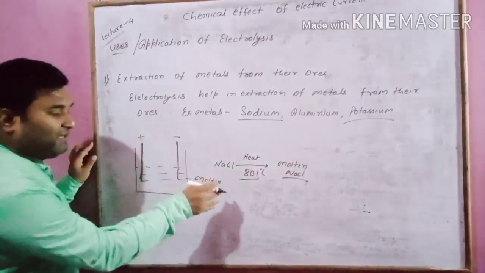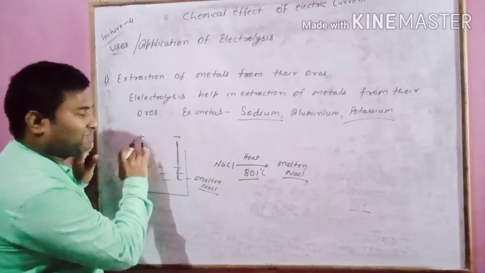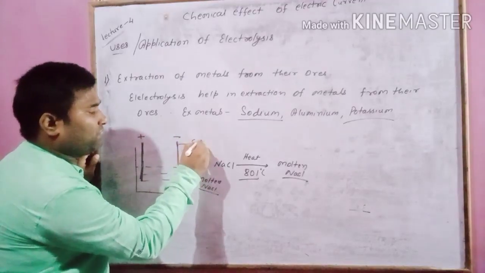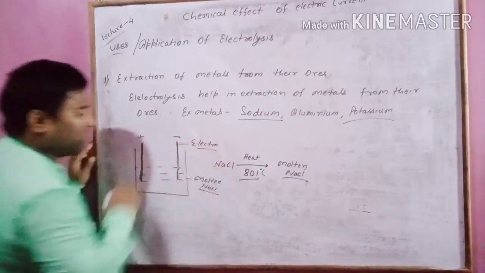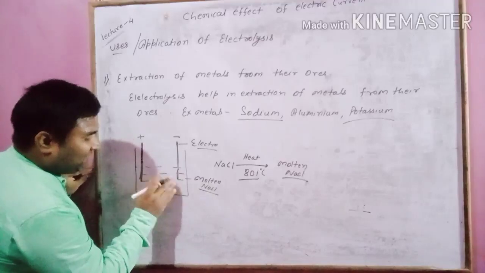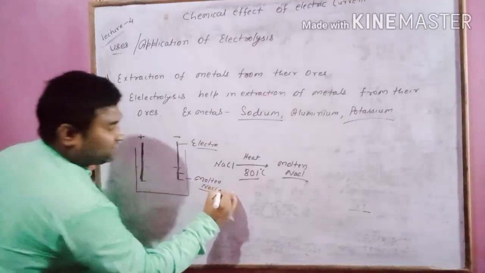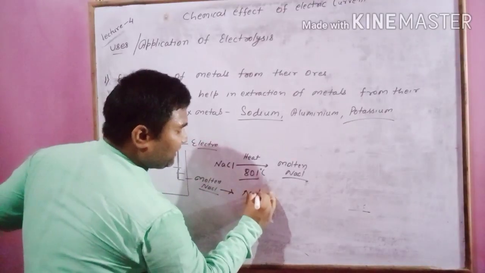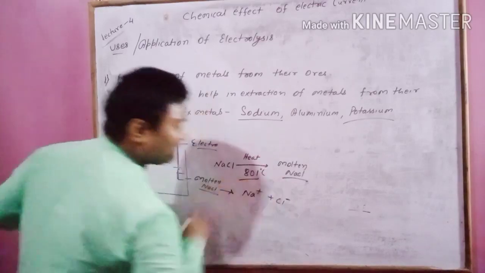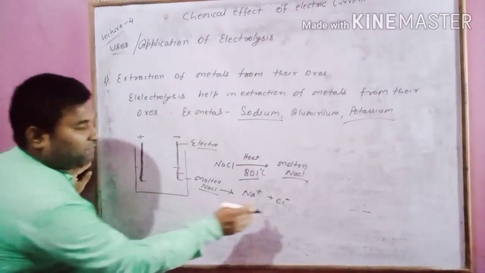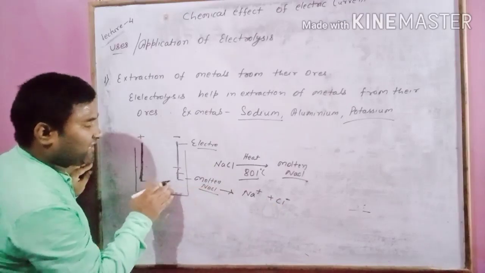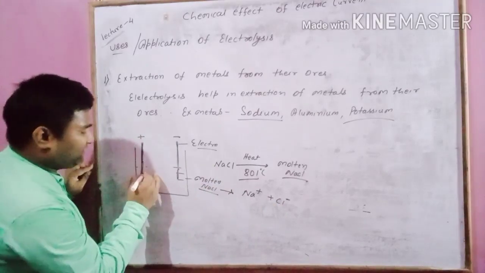So if you take molten NaCl and pass electricity through the electrodes, then this NaCl will break into Na plus and Cl minus, right? So Cl being negatively charged will be attracted towards the positive terminal.